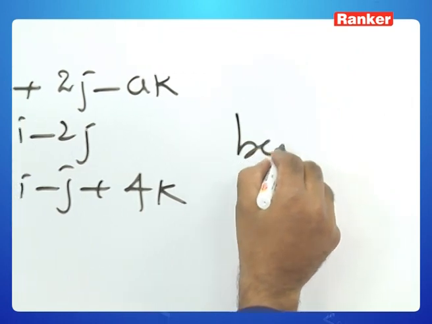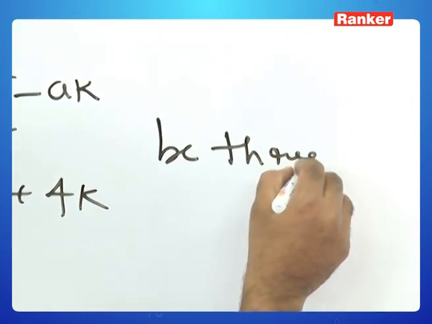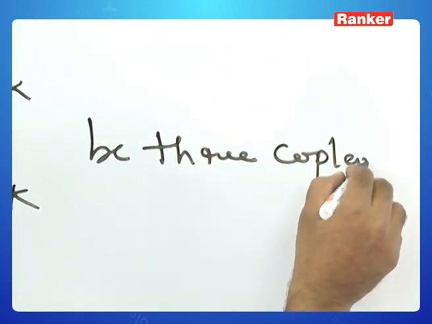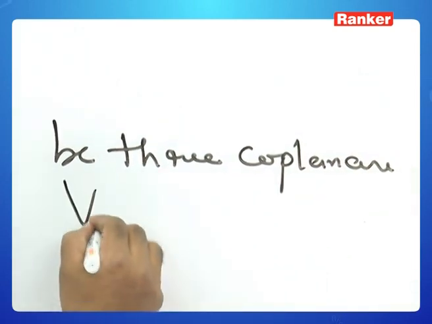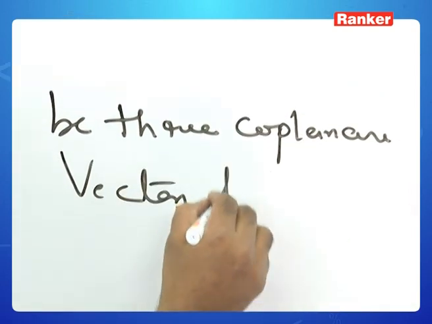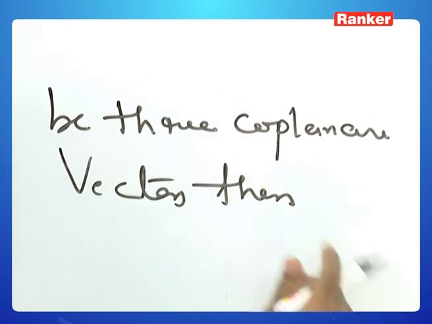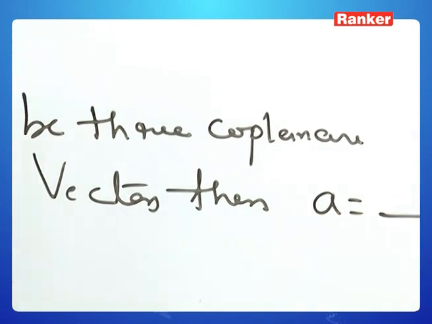If they are three coplanar vectors, then lambda is equal to what?